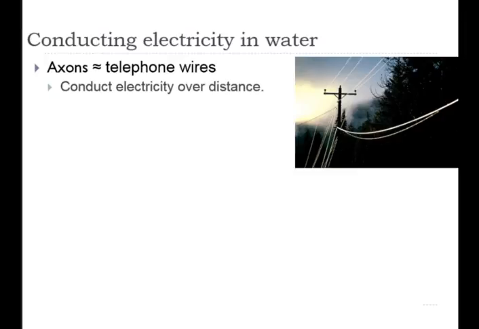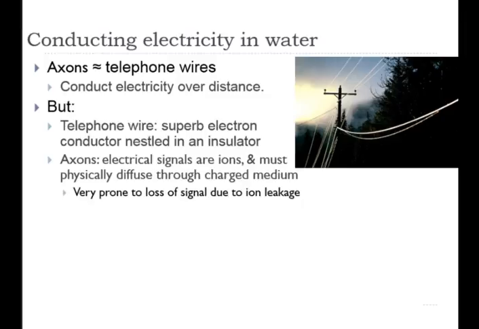So if you think of axons basically as wires, and you draw the analog to telephone wires, axons have to conduct electricity over a distance, but telephone wires have a lot of advantages over what neurons can do. In a traditional telephone wire, you have this really superb conductor, a nice copper wire running down the inside, surrounded by a rubberized insulator.